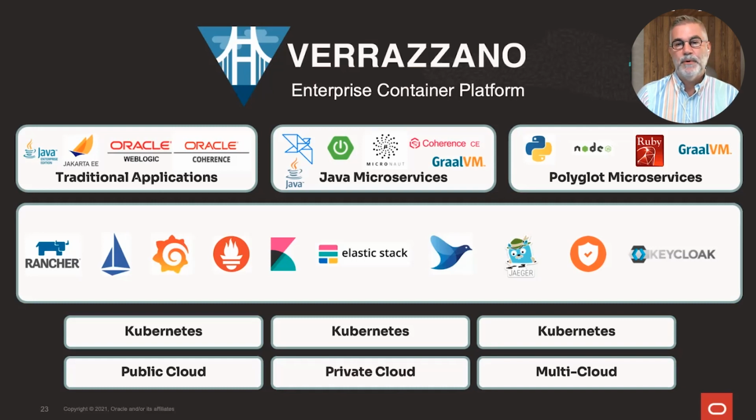It also makes it easy to take your existing traditional applications, Java EE applications, modernize them and move them onto this platform. And then in the same platform, you have unified management and deployment for your new Java microservices, like a Helidon microservice we just wrote, and other non-Java microservices as well.